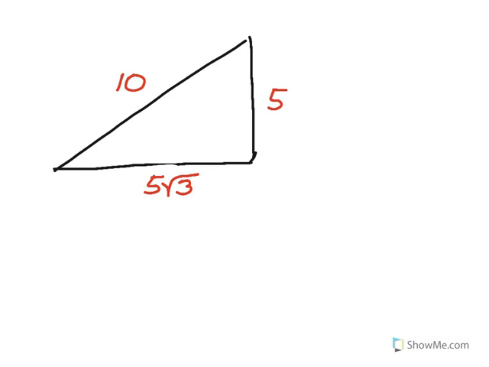So as a quick example, let's say I have a triangle and the leg lengths are 5 and 5 root 3 and the hypotenuse length is 10. So how do I know if this is a right triangle or not? Well, I can prove it if the Pythagorean theorem works. So again, if c squared is equal to the sum of a squared plus b squared.